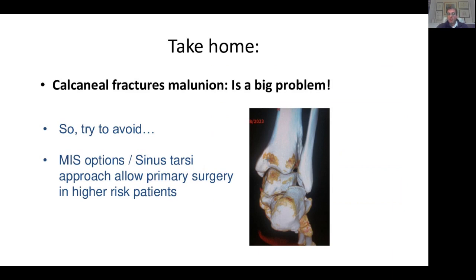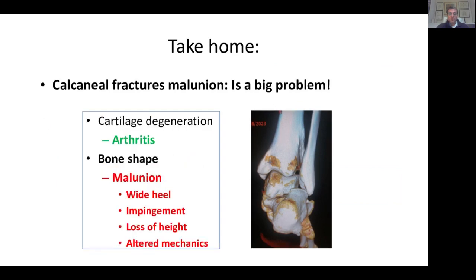And I would say with the techniques that are available these days with MIS surgery and the sinus tarsi approach that is associated with a lot less risk of infection, any patient is suitable for primary surgery if his calcaneus fracture looks bad enough. And it is a big problem because calcaneal fractures do not only cause arthritis, but also change in the shape of the calcaneus that causes all the problems.